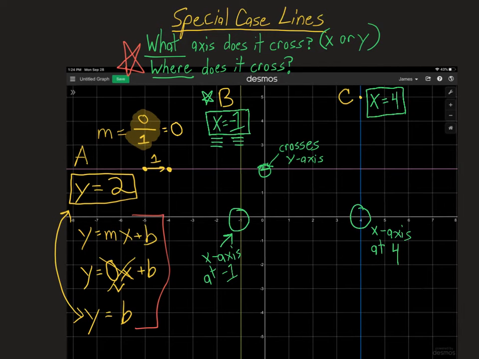On line C, every single point on this line has what in common? Every single point on that line has a y value of 4. So no matter what point you pick, or excuse me, I said that backwards, has an x value of 4. No matter what point you pick, the x value of that point is 4, and then the y value is every single number on the y-axis.